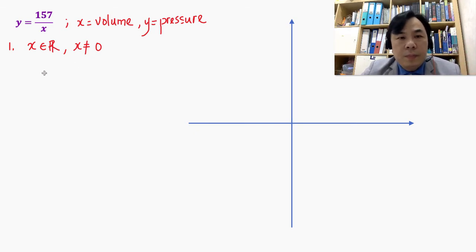Secondly, we are going to determine any x and y intercepts. Because we know that x cannot be equal to 0, therefore we have no x or y intercepts in this case.